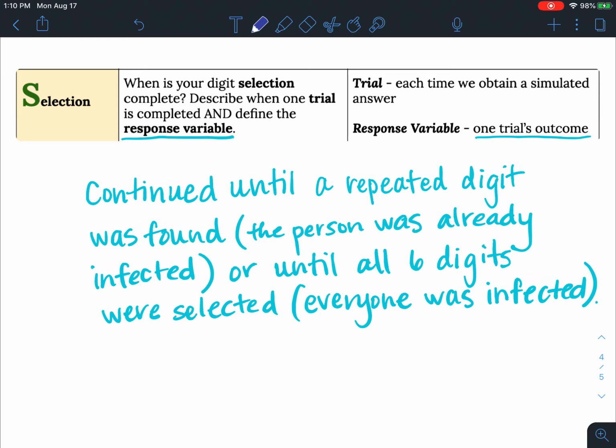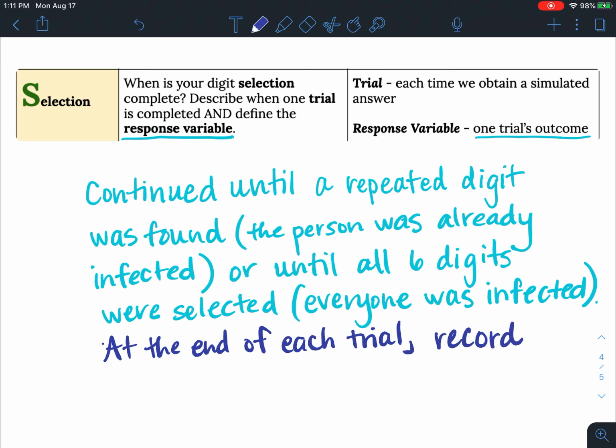So we need to tell the AP reader that. We can say, at the end of each trial, record the number of people infected.